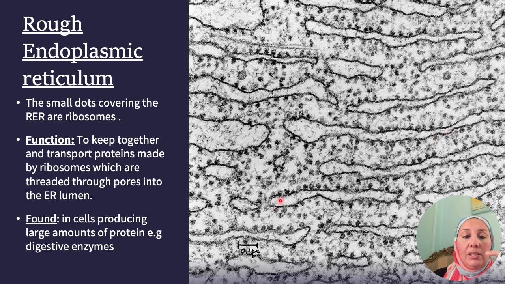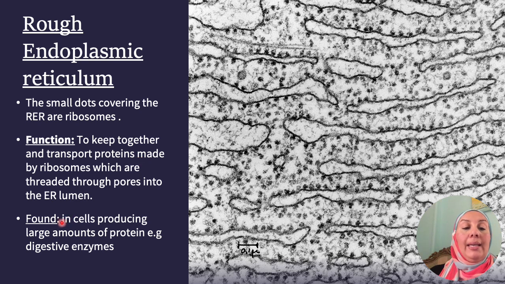Remember, there were channels. You might not be able to see the channels here because this is one plane, but there are channels connecting these sacs to one another. So this helps to transport proteins in a way that it is not affected by whatever chemicals are found in the cytoplasm, right?